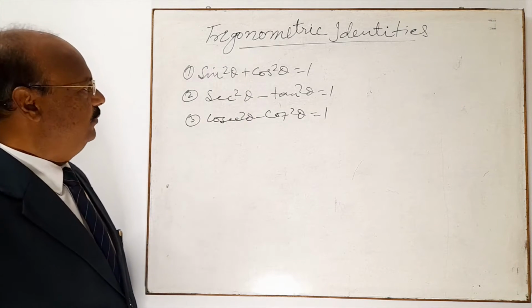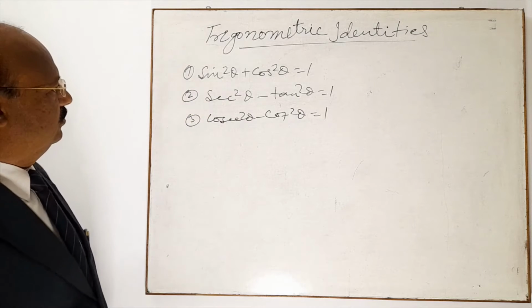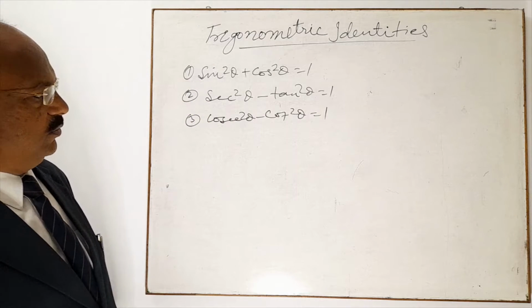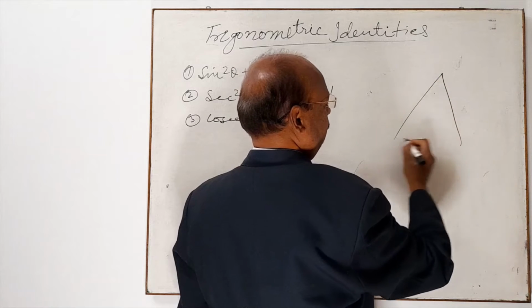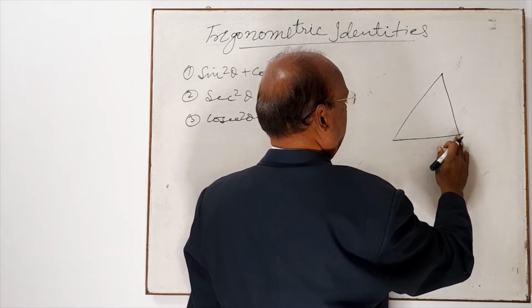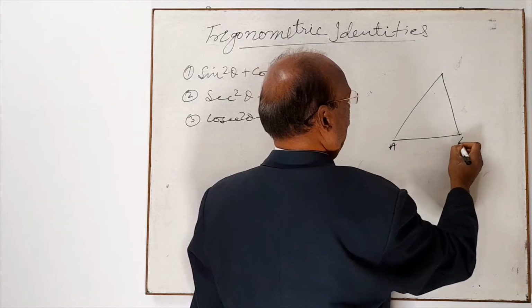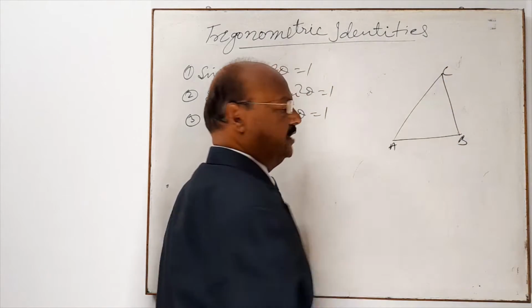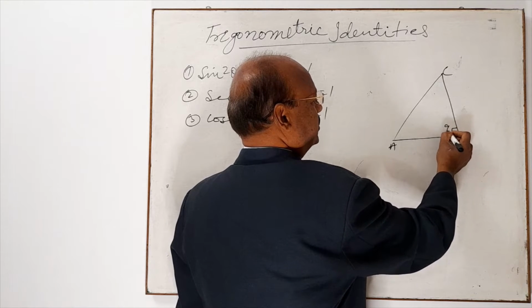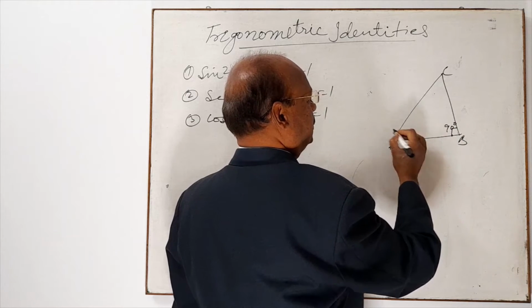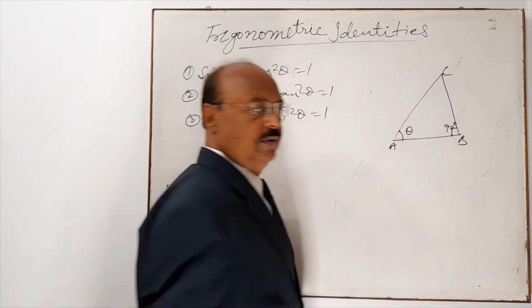This is very simple. To establish this formula, you take a right angle triangle like this. Triangle ABC is right angle at B. This is 90 degree, and suppose this angle is theta.